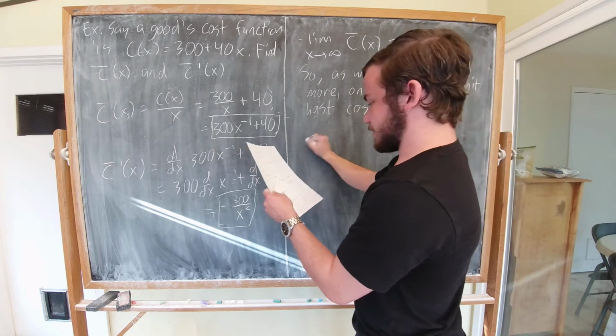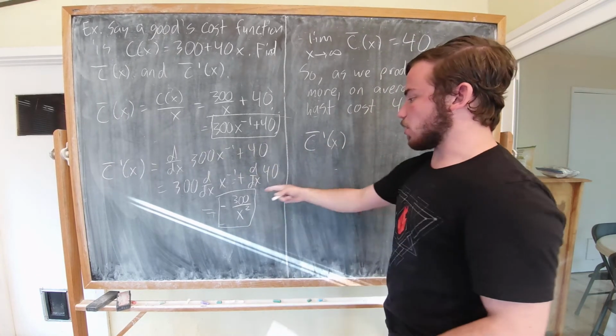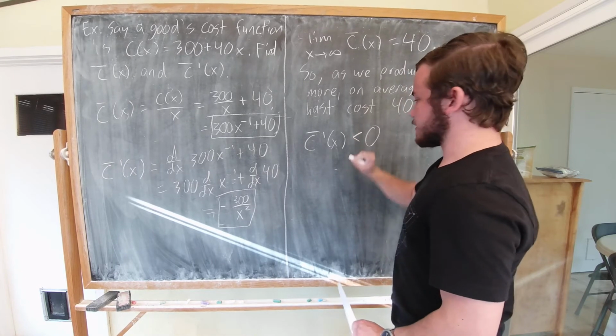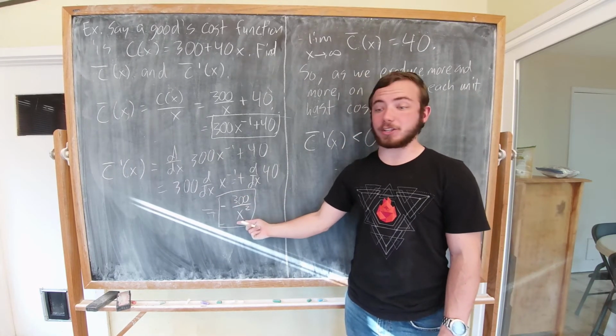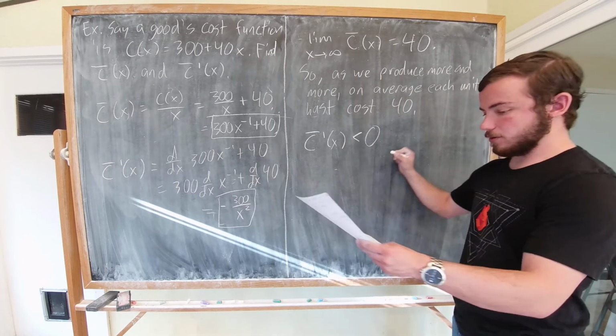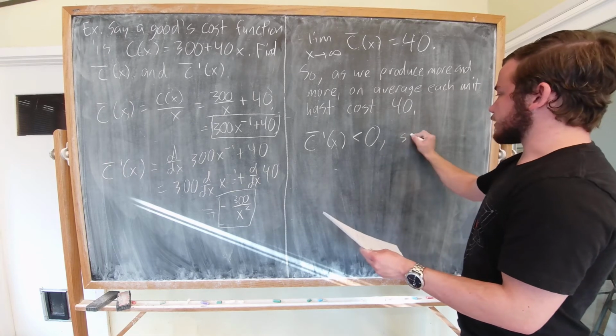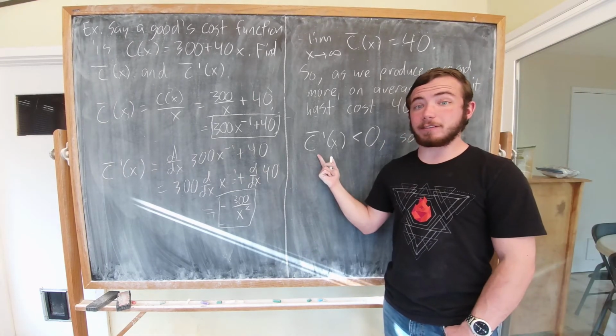Let's also notice that C bar prime of x is always less than 0. We have a negative number divided by x squared, which is always positive, so this is always less than 0. What does that tell us? Let's think about what it means for a derivative to be less than 0.